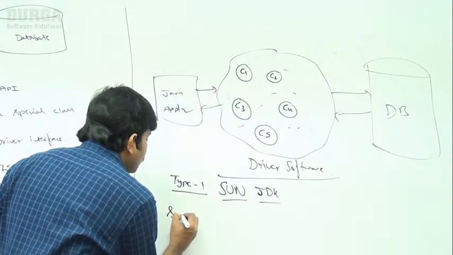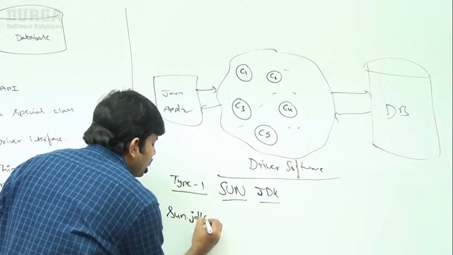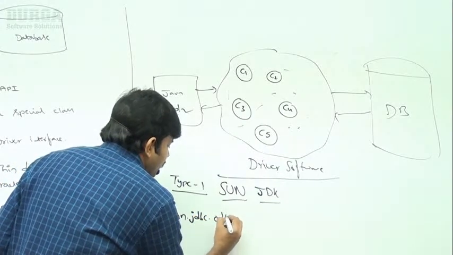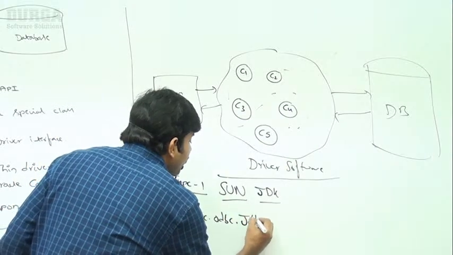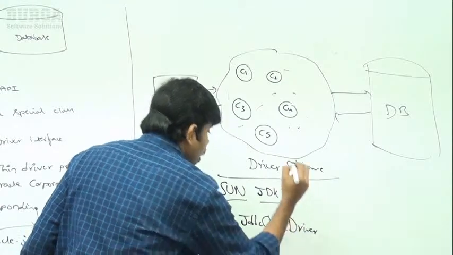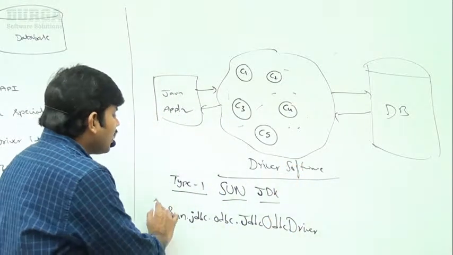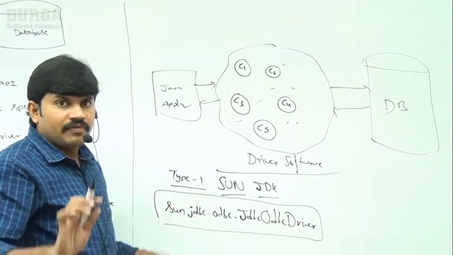Sun dot JDBC dot ODBC dot JDBC ODBC driver. Are you getting it? So this is the driver class name present inside type 1 driver software.